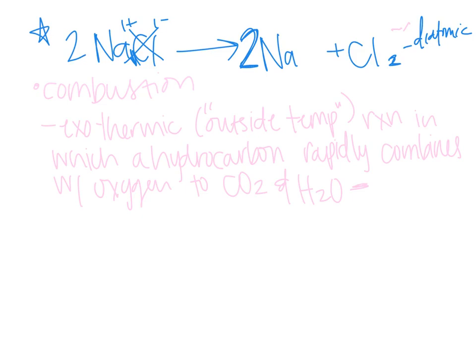This can also be known as burning. So a fire is an example of a combustion reaction. It's supposed to say produce here. To produce those two things. Okay, and so a fire is hot because it's an exothermic reaction where heat is being released.